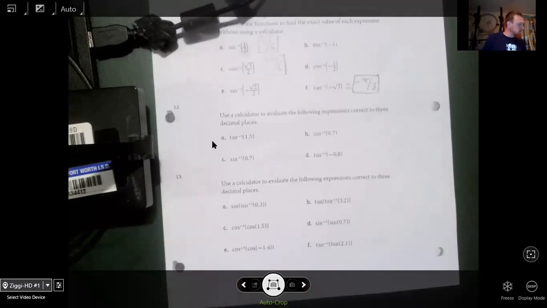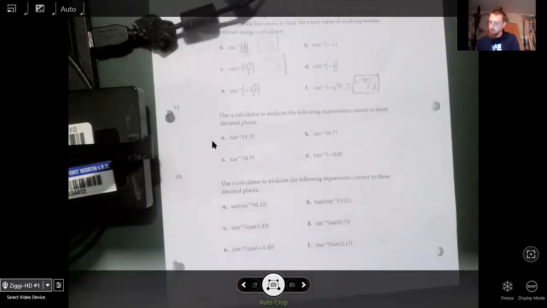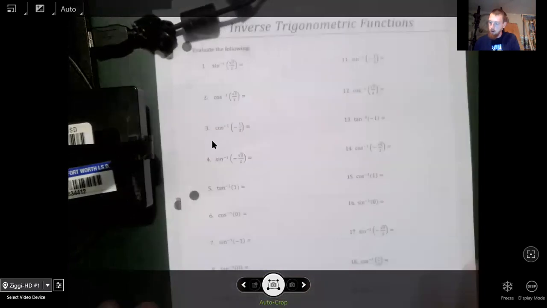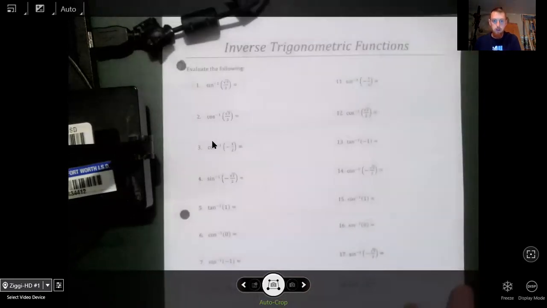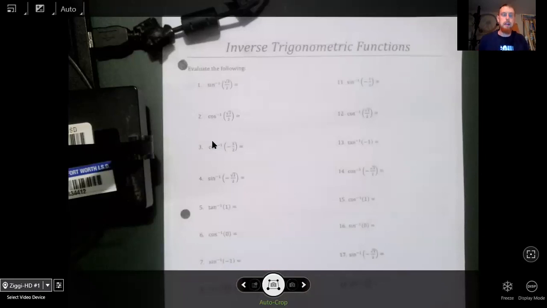Another thing that your teacher has put up for you on Google Classroom is this inverse trigonometric functions set of notes. Practice those, check the answers against what your teacher puts up, and let them know in class or in office hours or on Remind or somehow if you have a question about it. All right, we're going to switch gears here in just a second. If you'd like to pause the video and jot down some notes, then go for it.